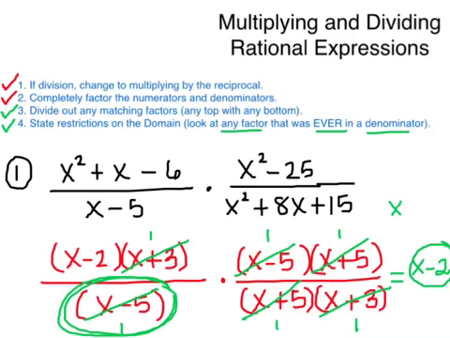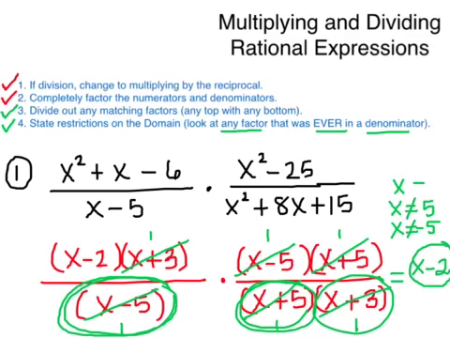So x cannot equal 5, and then for this one, this is also in the denominator, x cannot equal negative 5, and finally this denominator here, x cannot equal negative 3, because any of these numbers would cause a denominator somewhere along the way to be 0, and any 0 in a denominator makes that whole thing undefined.